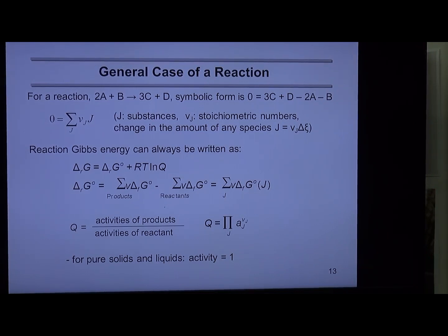Okay, so let's derive whether this is really true for a general chemical reaction.